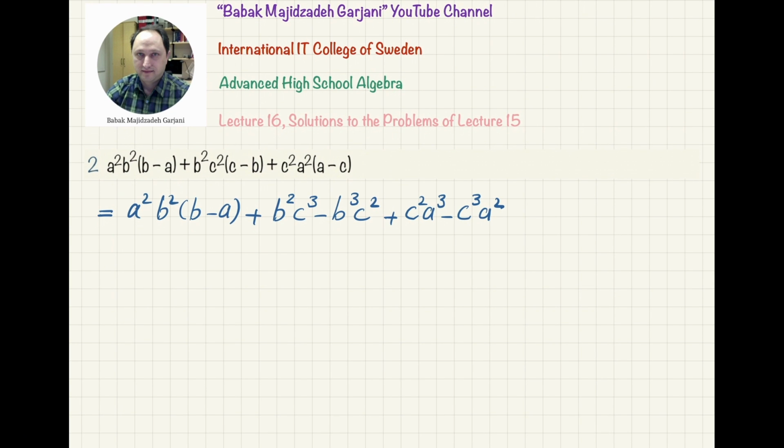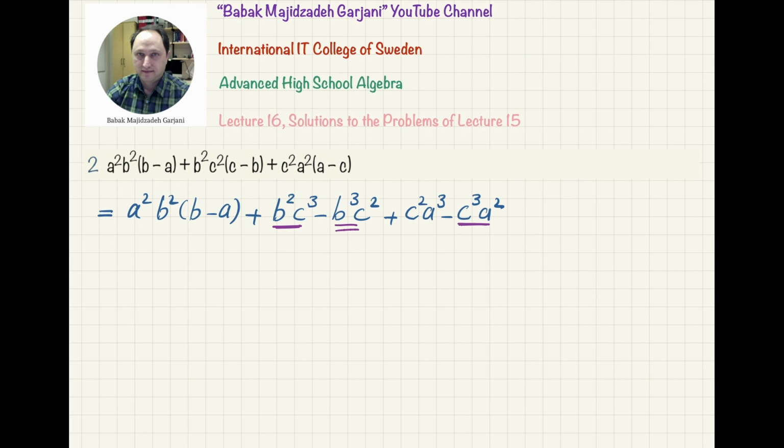Okay, don't forget, the goal is to make this combination somehow. So if that's the case, I have some guide now. If I take this one with that one and pull out c cubed, of course I will not have b minus a, but I will have b squared minus a squared, but you can use the conjugate pattern.